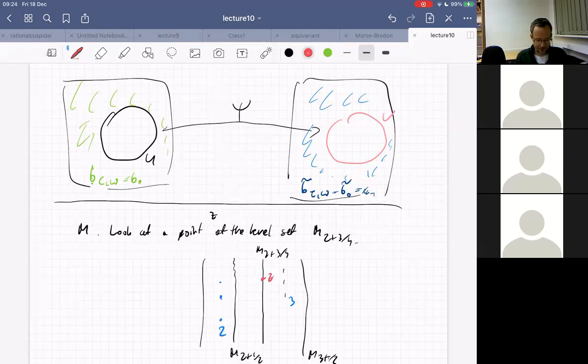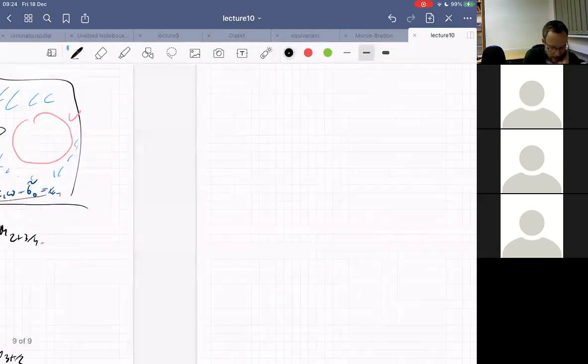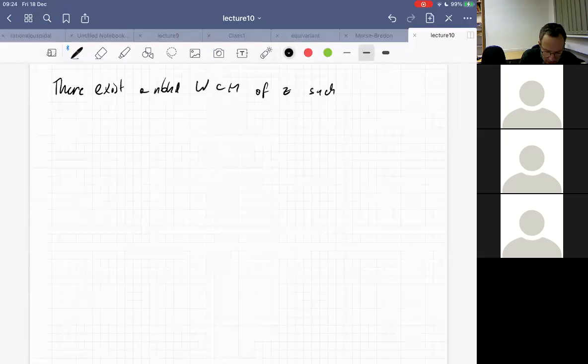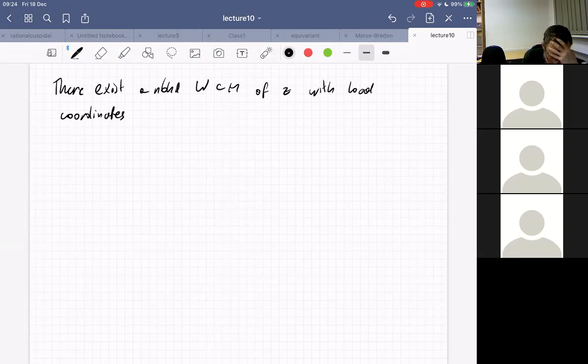And now there is a statement that there exists a neighborhood W in M, not in a level set but in the whole of M, of z with local coordinates, let's say y1 up to yn, such that f restricted to W is equal to yn.